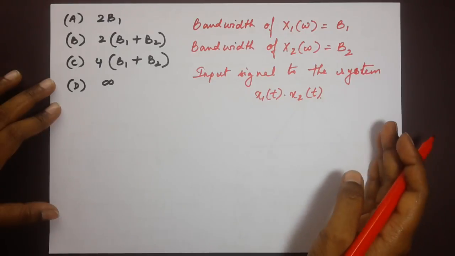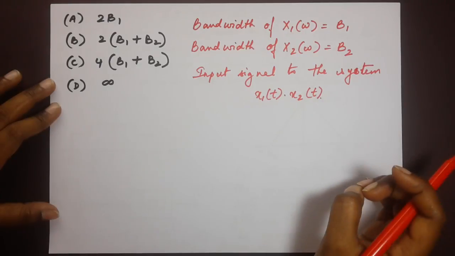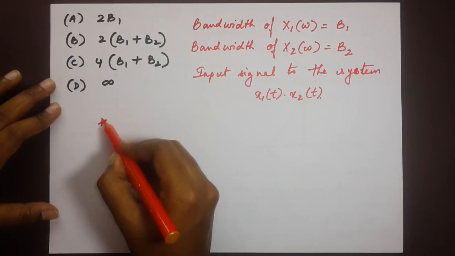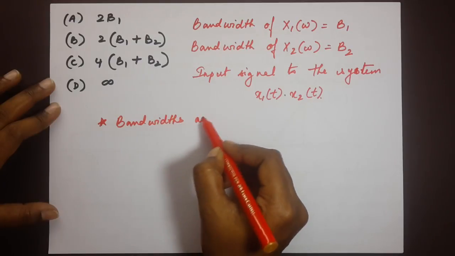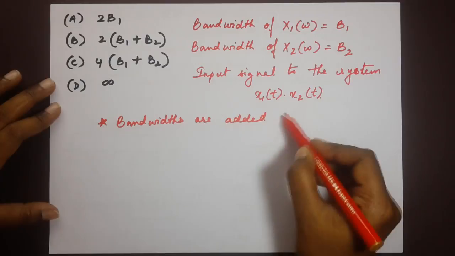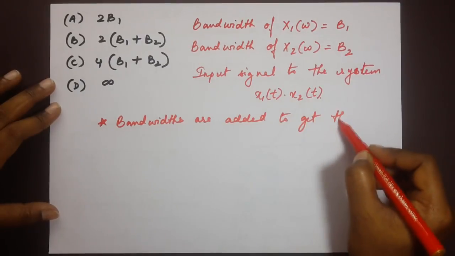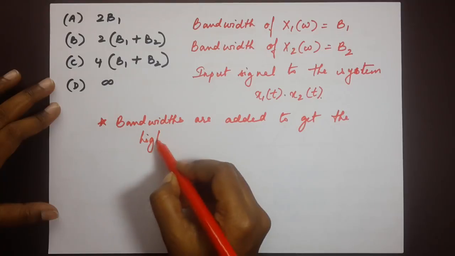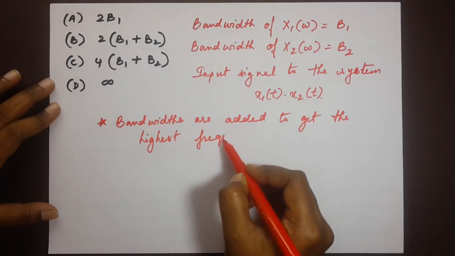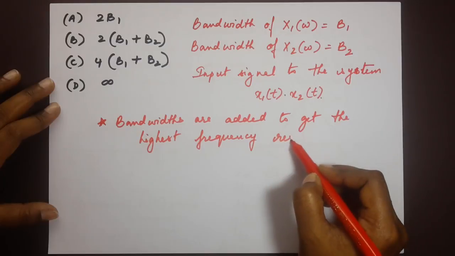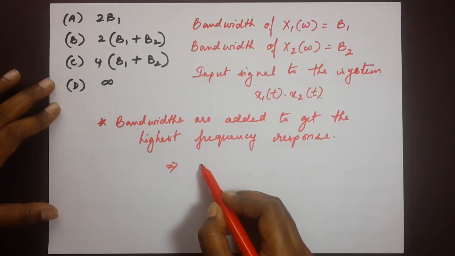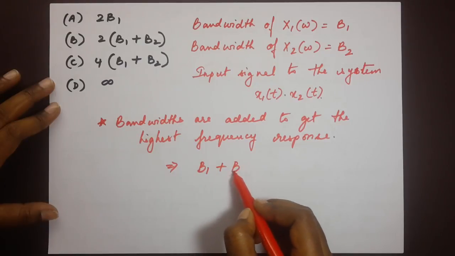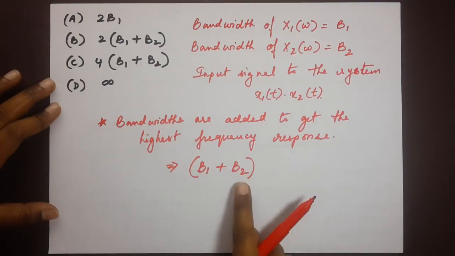So the bandwidths are added in order to get the highest frequency response. Okay, that's an important point. Bandwidths are added to get the highest frequency response. So this means that the bandwidth would be B1 plus B2. Now this is the general sampling rate, B1 plus B2.